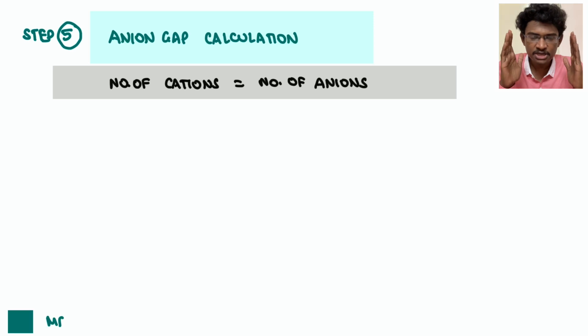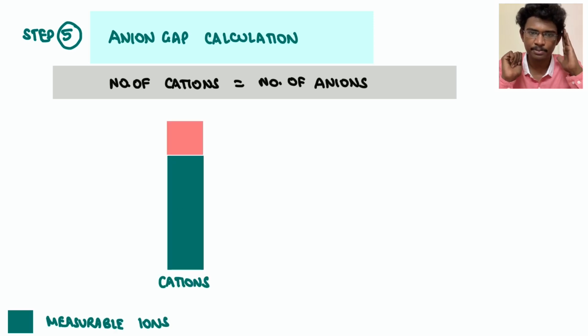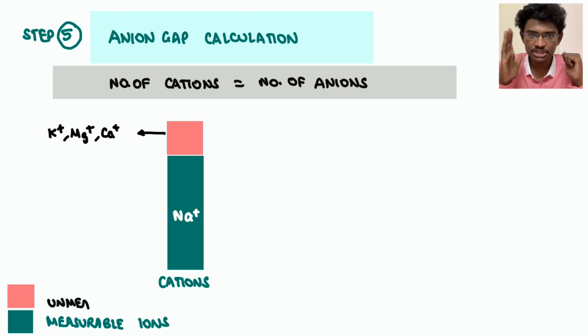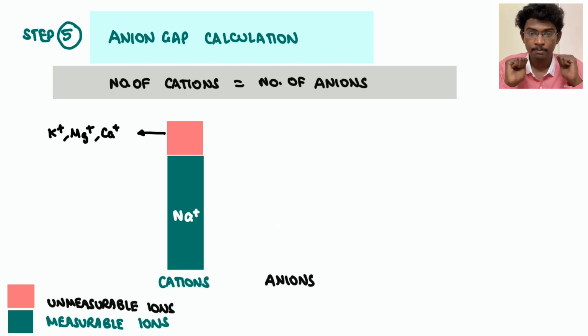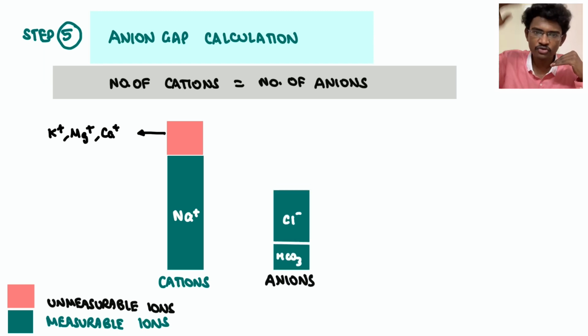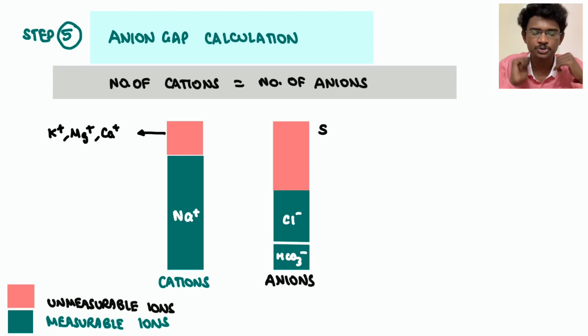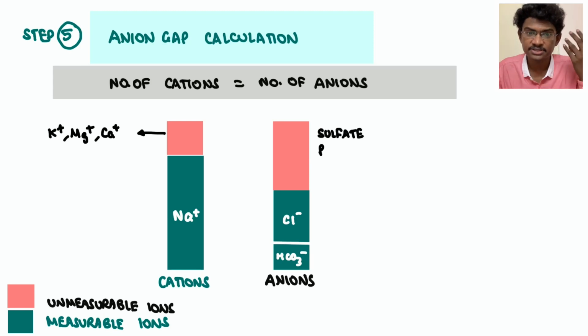The measurable cations, if you see, sodium is the predominant cation. In anions, the measurable anions are chloride and bicarb. But there are lots of unmeasurable anions present, like sulfates, phosphates, all those.